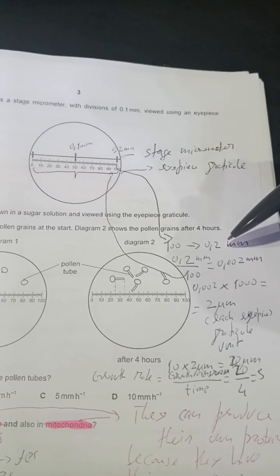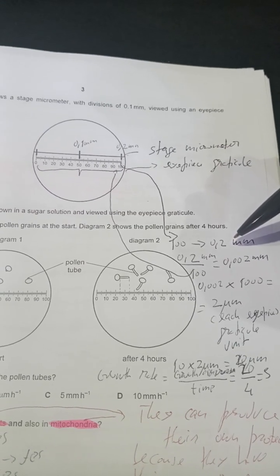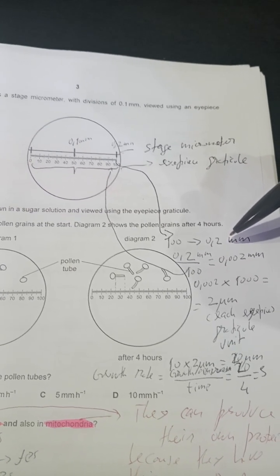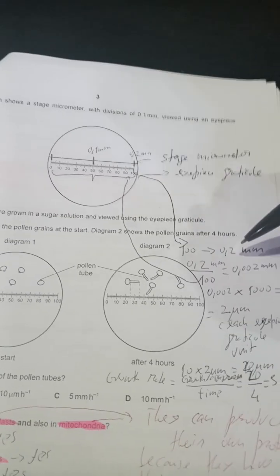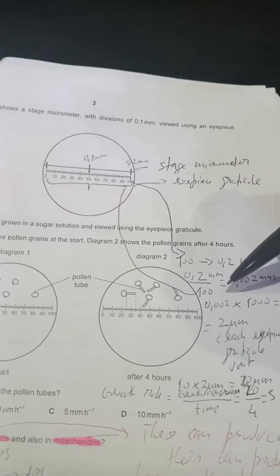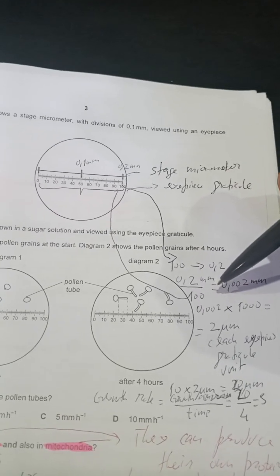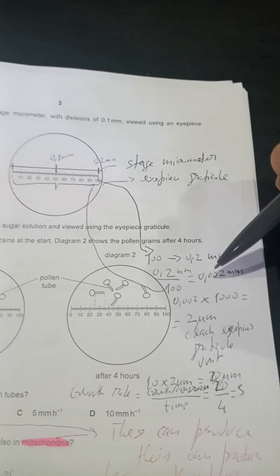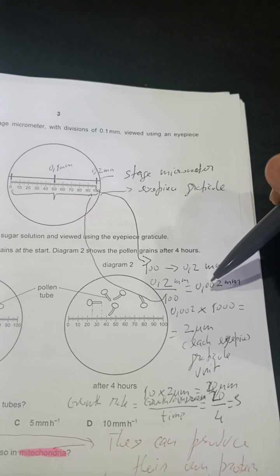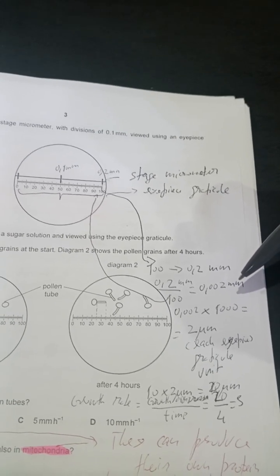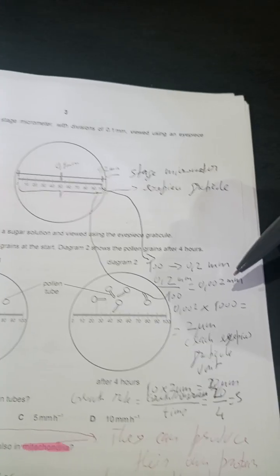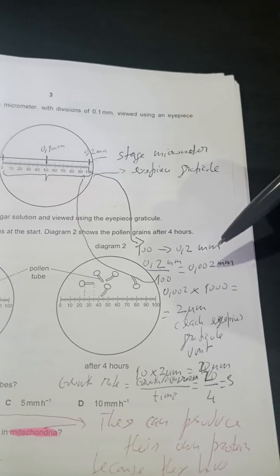To find what each unit corresponds to, we divide 0.2 by 100, and we get 0.002 millimeters. So each eyepiece reticule unit corresponds to 0.002 millimeters.